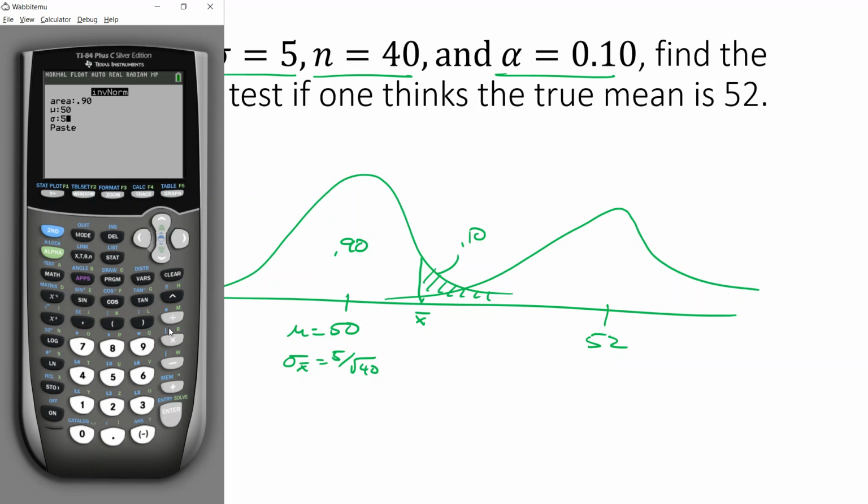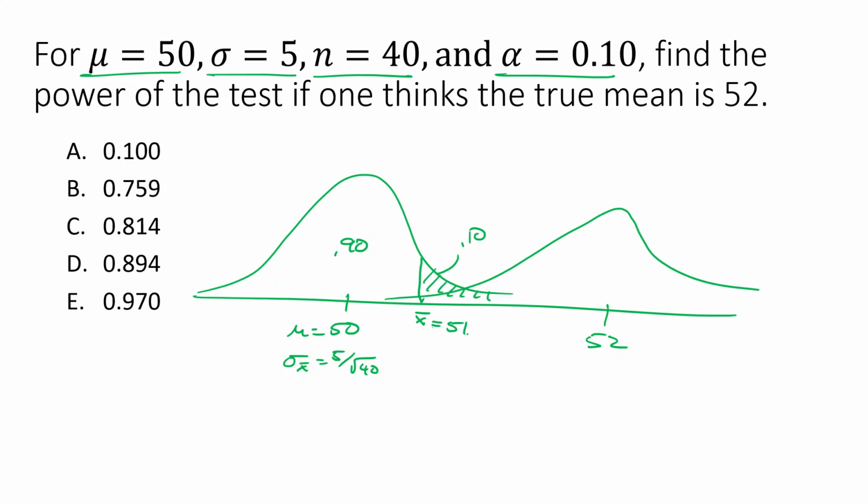Our standard deviation is 5 divided by the square root of 40. And let's see what happens. We get 51.01. So it's probably actually a little closer to here, but these curves are probably a little closer to each other.